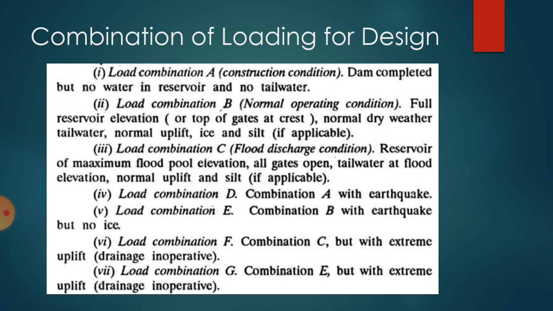Next loading combination, D: combination A with earthquake is considered as combination D. Same way load combination E is combination B with earthquake but no ice pressure. Then load combination F is combination C but with extreme uplift pressure. And the last one, load combination G, is combination E but with extreme uplift pressure.